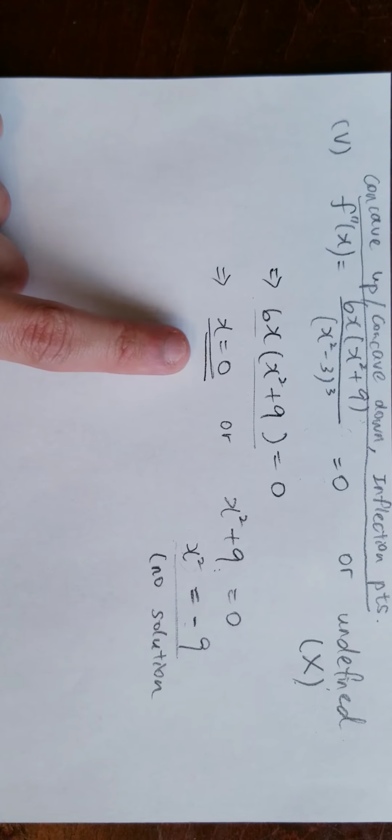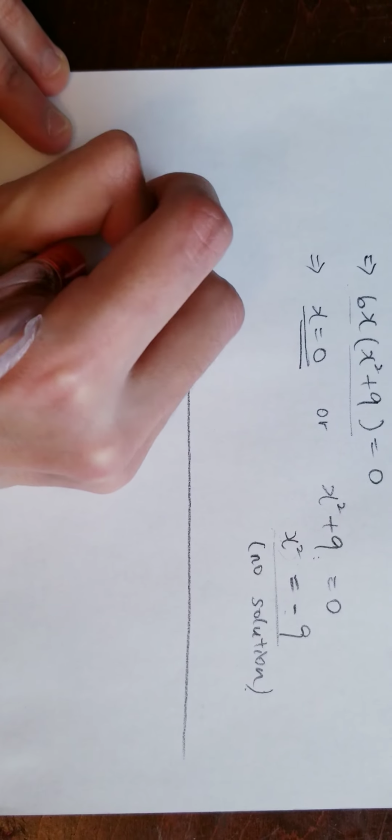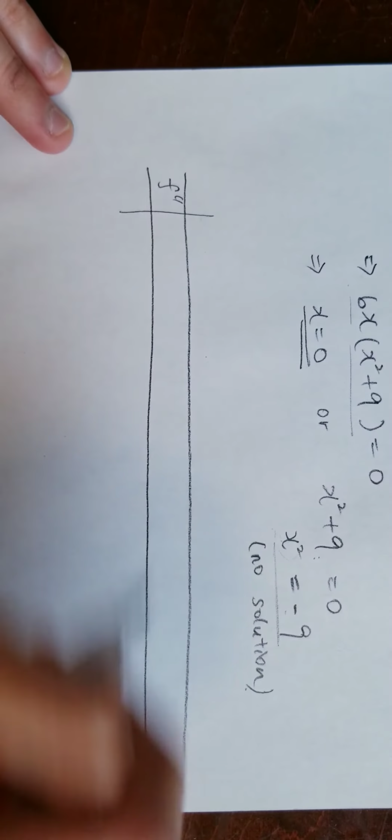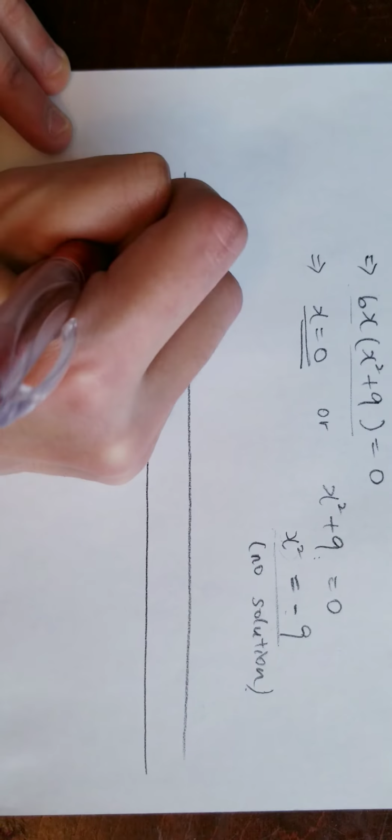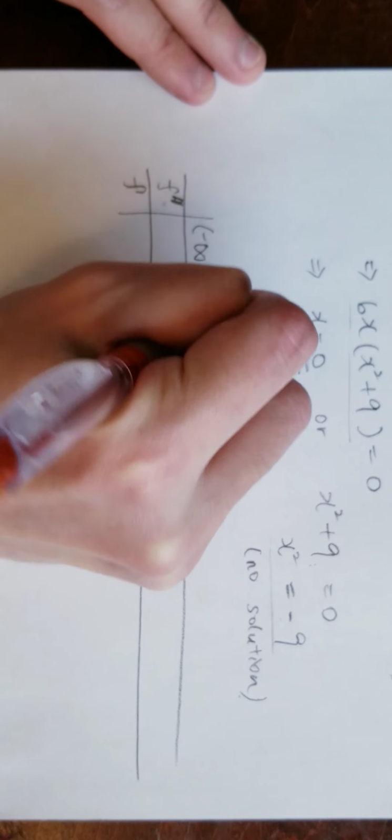Now you need to check both sides using the second derivative. Again, draw a table like this. This time you're using the second derivative. You only have one point, so use that to split the domain. You should get this.